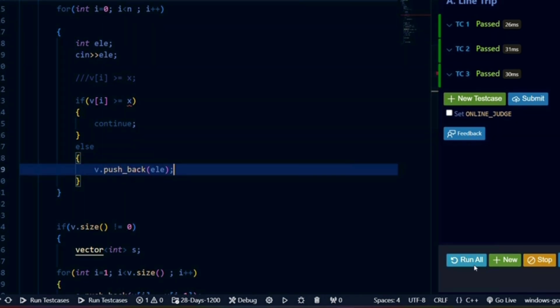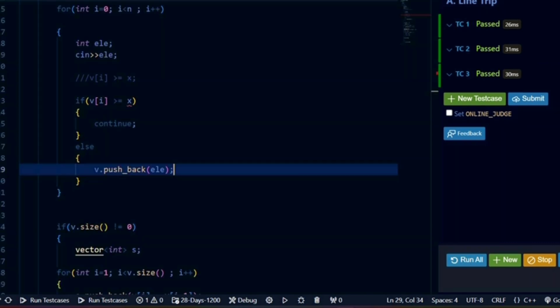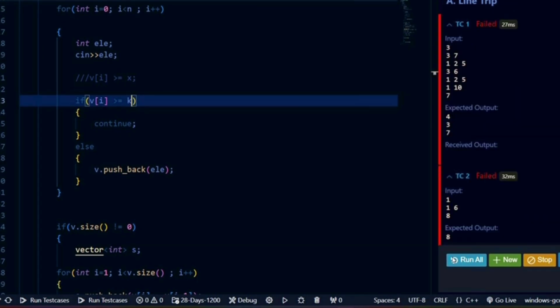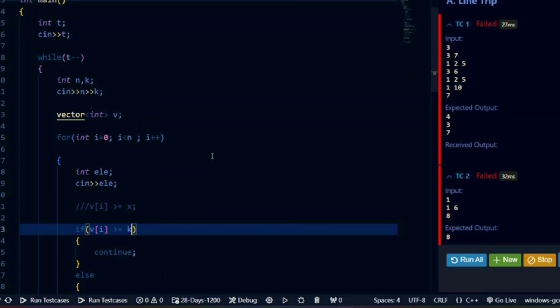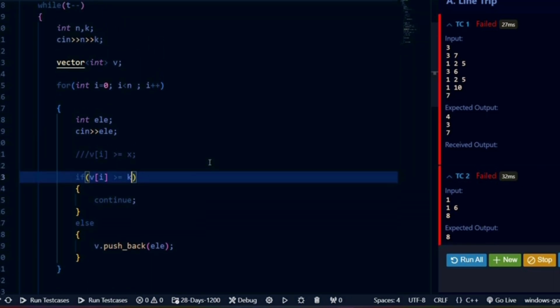Yeah, it's done. I have renamed it to k. Seems I did something wrong.